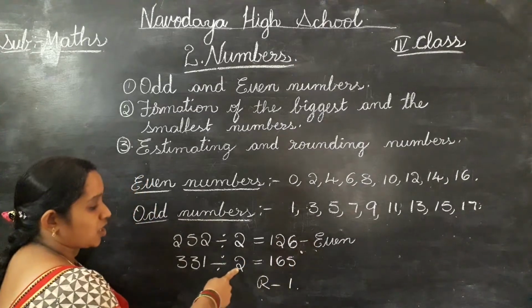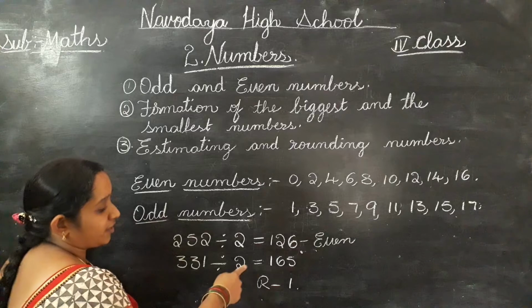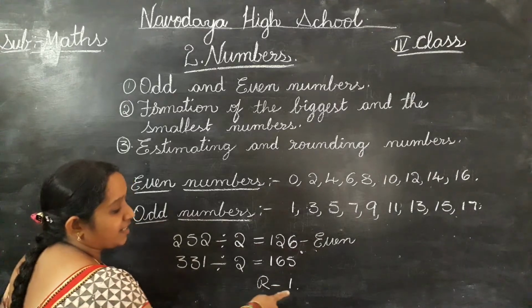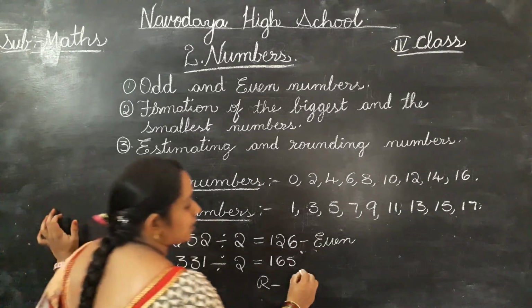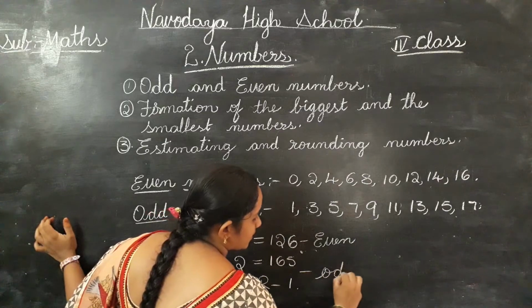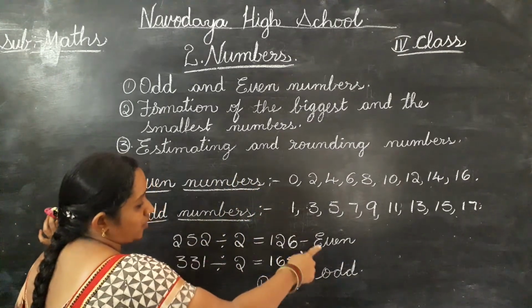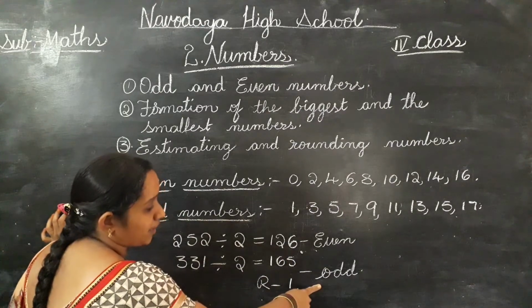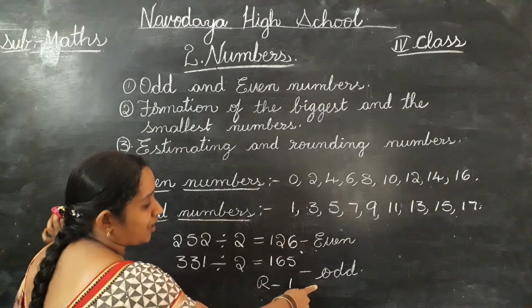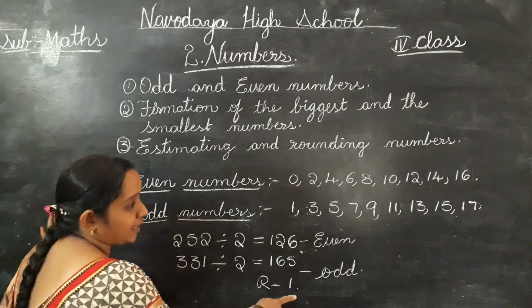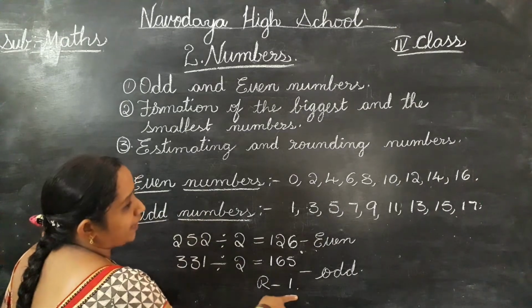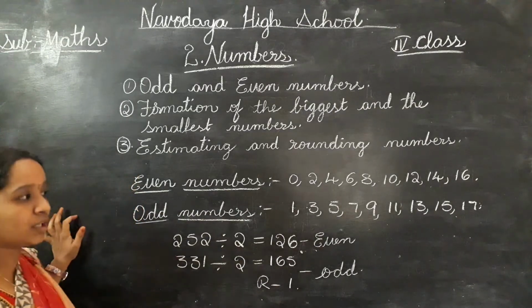If the number is not divisible by 2, if it leaves the remainder 1, those numbers are called odd numbers. Even numbers are divisible by 2. Odd numbers are not divisible by 2, means those are not exactly divisible. They will give a remainder. Okay?